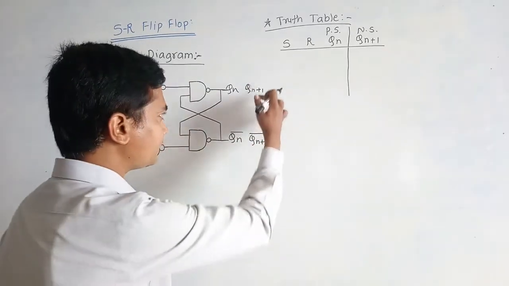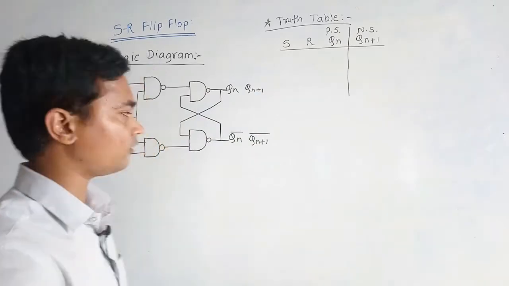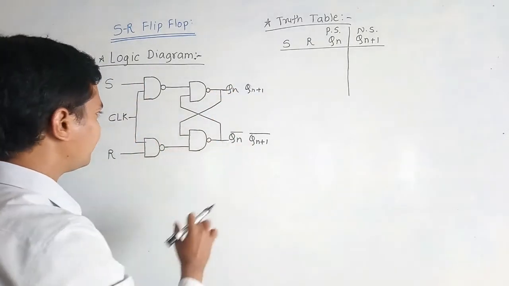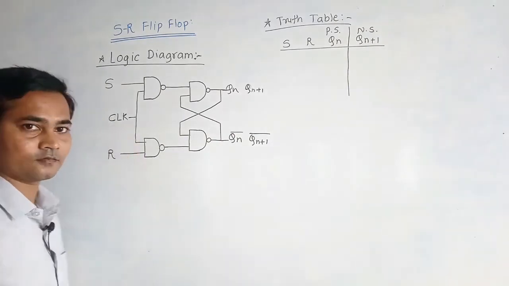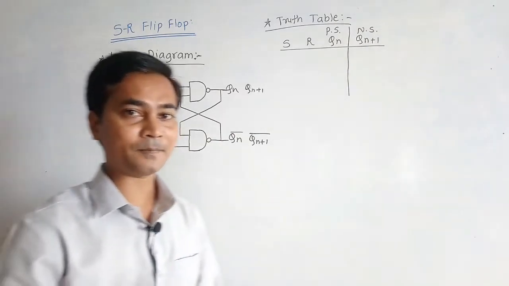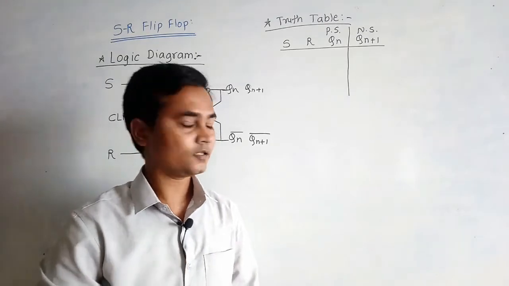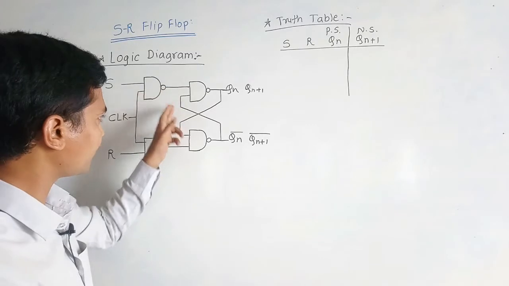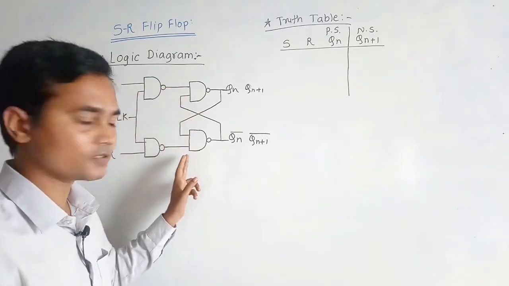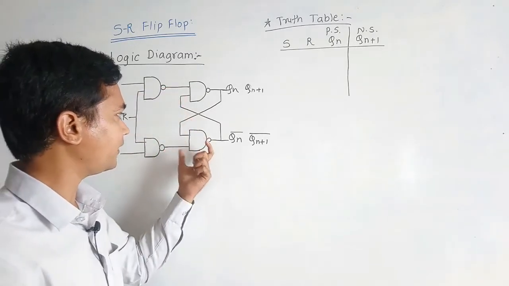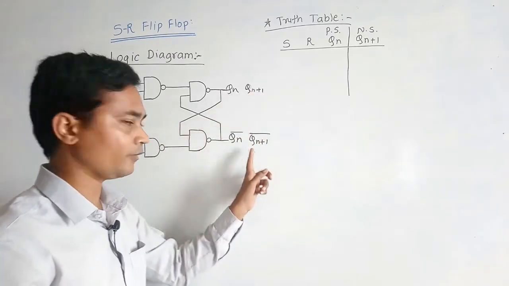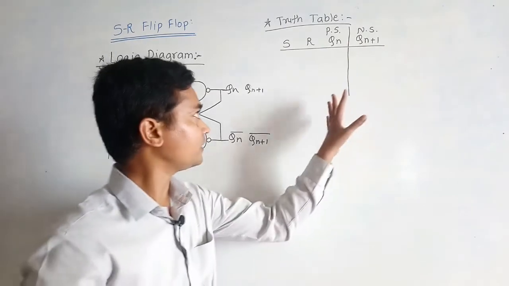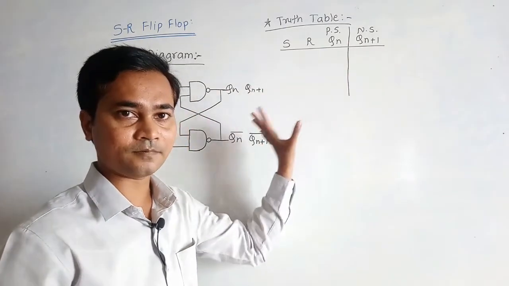These next state outputs depend on S, R, Qn and Qn bar, as well as the clock pulse. Whenever the clock pulse is applied, only then are S and R shifted to the next NAND gates' inputs, and finally we obtain Qn plus 1 and Qn plus 1 whole bar. I have drawn here the truth table for the SR flip-flop.